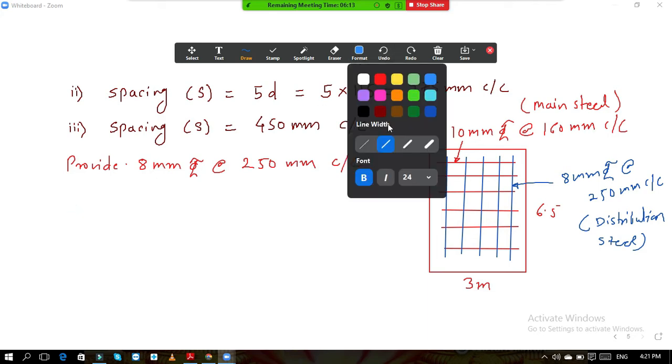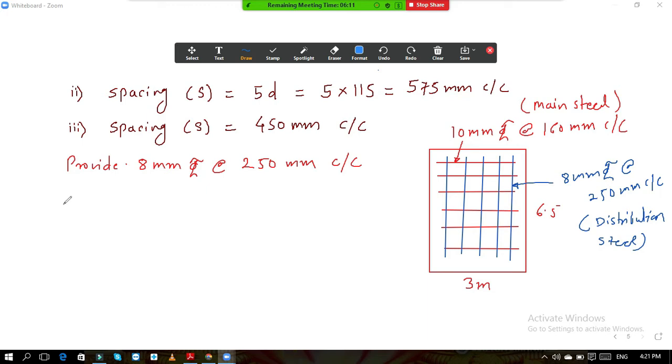The first check is check for shear, which means check for shear force. So first of all we calculate the shear force. You know that our slab is a simply supported slab. We calculated the bending moment as WL square by 8.